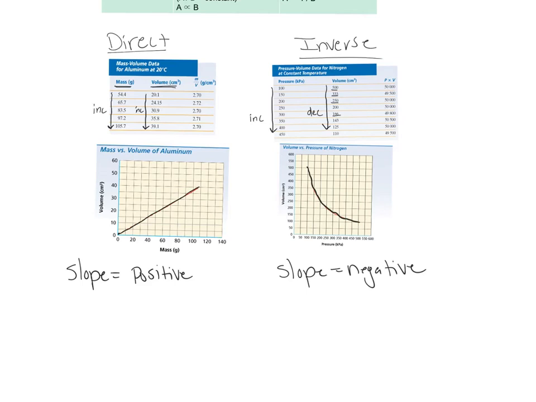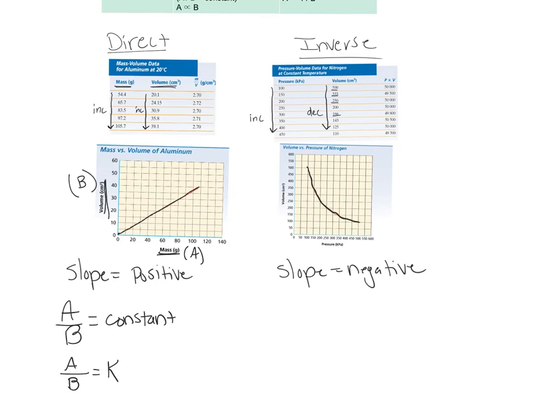What's the relationship between what's on the x-axis and what's on the y-axis in a direct relationship? For direct, whatever's on the x-axis, I will just call it A, and whatever's on the y-axis, we will just call it B. If you divide A by B, you will always get a constant. In chemistry, we like to use K as the constant.